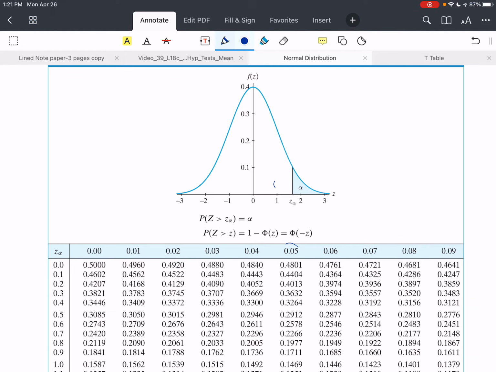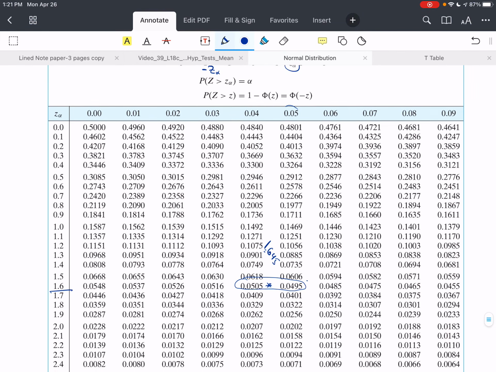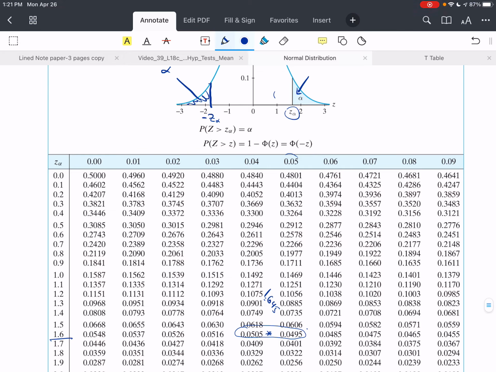Here we have that this is alpha and this is z sub alpha. Well, if I go over here to the negative of this and say negative z sub alpha, then by symmetry, this will also be alpha. And so if I look up the positive of the 1.90, that positive is right here, 0.0287.